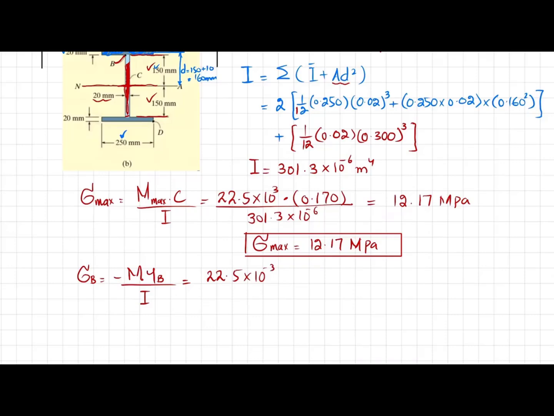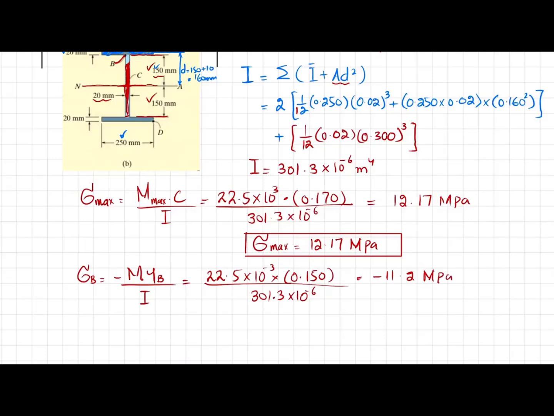Now your point B is at a distance of 150 millimeters. So you will convert YB to 0.150 divided by I, which is 301.3 into 10 to the power minus 6. So again, when you solve it, it will be 11.2 megapascal. So this is the stress at point B.